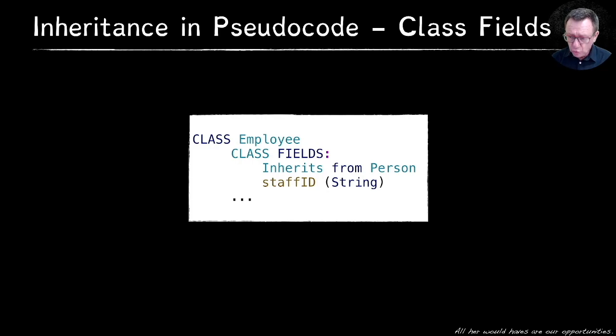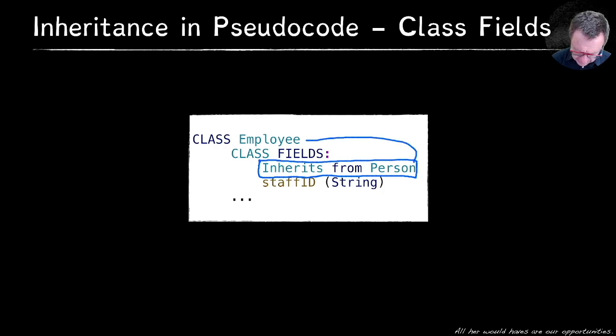Now, there is no right or wrong way in one sense. If you wanted to put this up there, inherits from person, that's fine. And then you've covered those things all off very nicely.